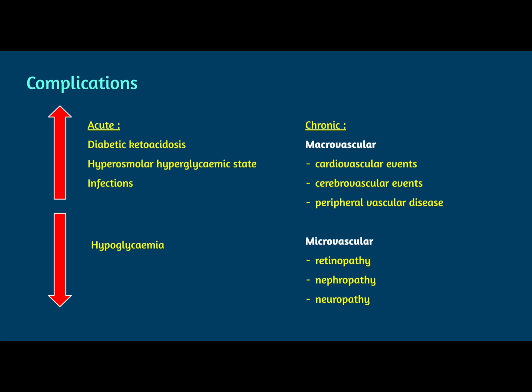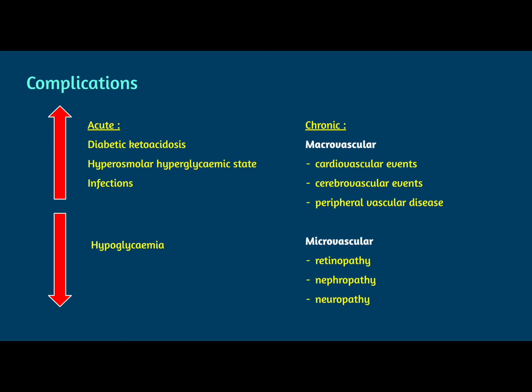And as for low glucose levels, an emergency that can happen would be hypoglycemia or neuroglycopenic coma in severe, persistent, uncorrected hypoglycemic states. As for chronic complications, they can be largely divided into macrovascular and microvascular complications. The macrovascular complications you want to look for include cardiovascular events such as acute coronary syndrome, cerebrovascular events such as strokes, ischemic or hemorrhagic, and peripheral vascular disease, causing peripheral arterial disease.